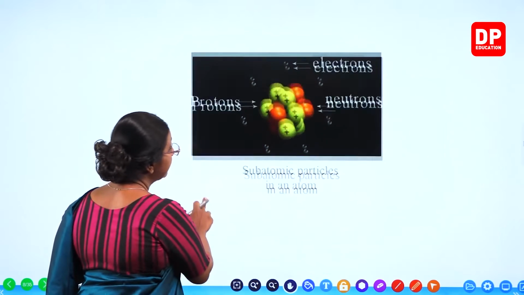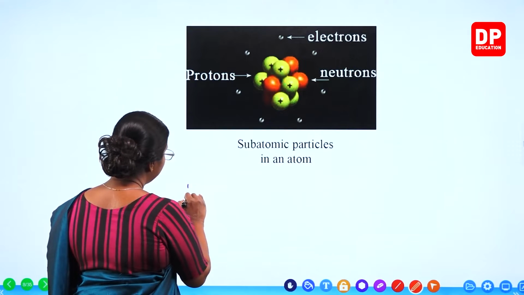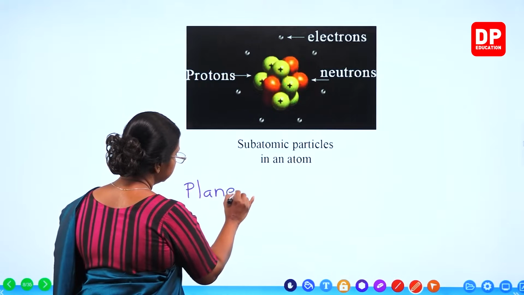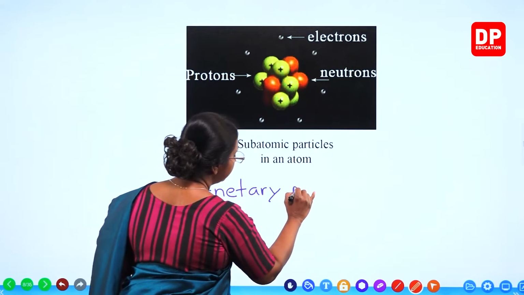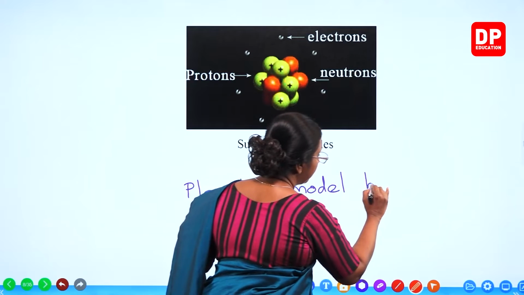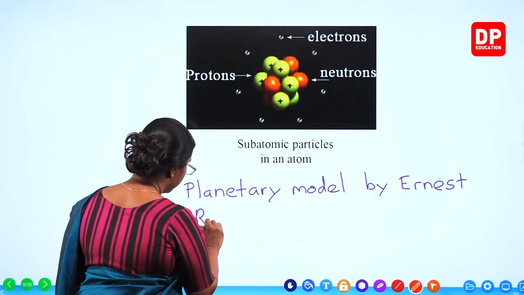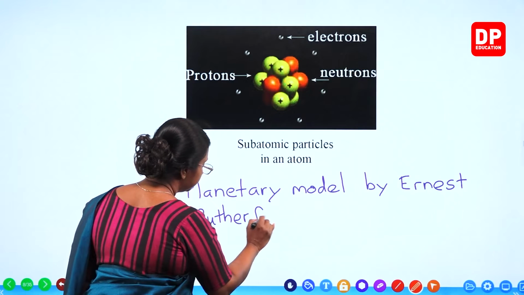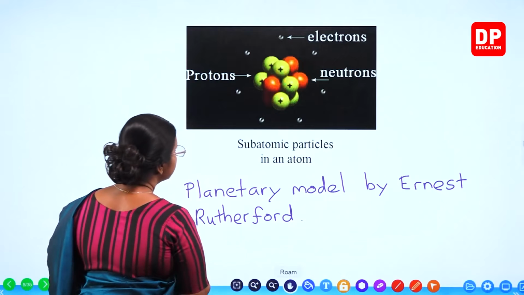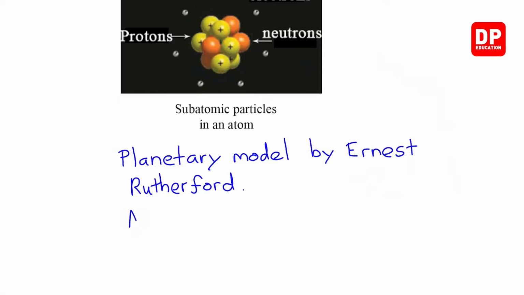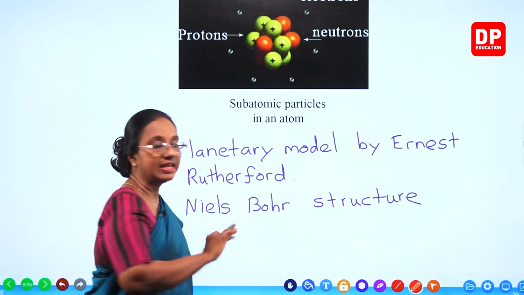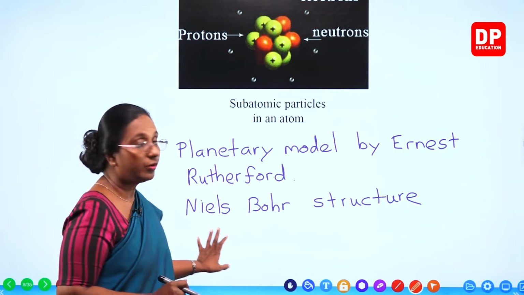You can remember the scientists who proposed the structure also, the planetary model by Ernest Rutherford and also Niels Bohr, where he discussed about energy levels and all that. We are not going to go into detail.